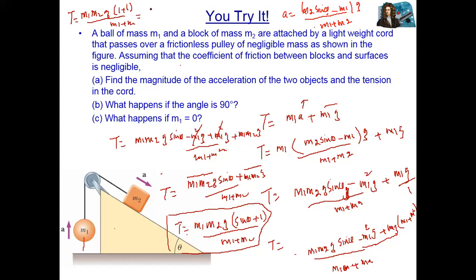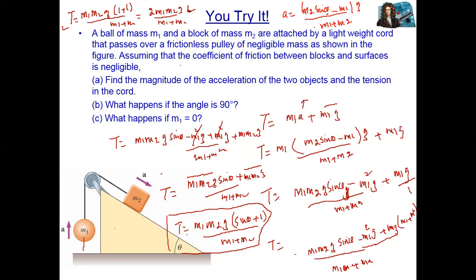So result will be 2 M1 M2 G divided by M1 plus M2. This is when angle is 90, sine 90 is equal to 1.